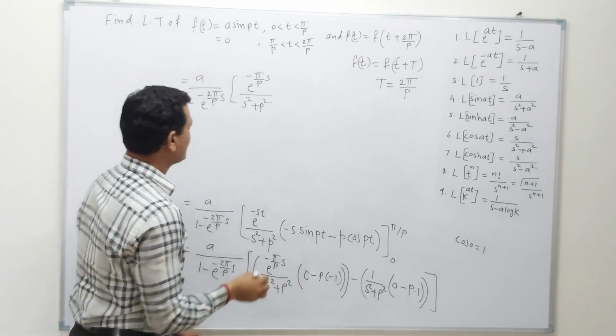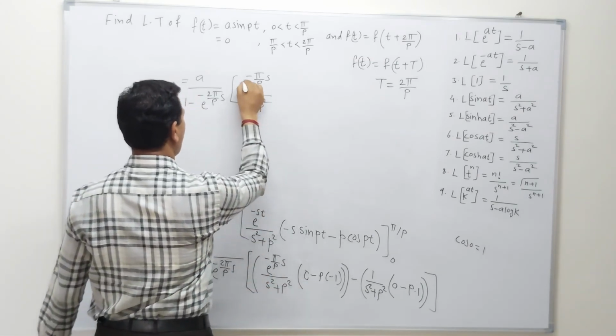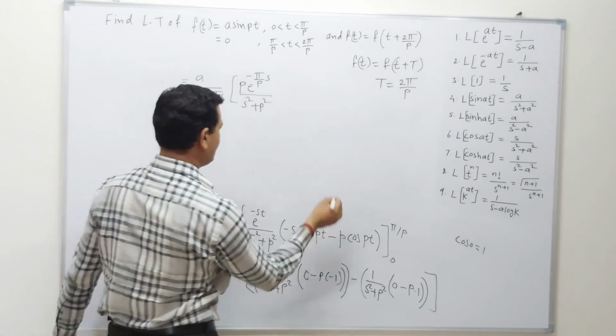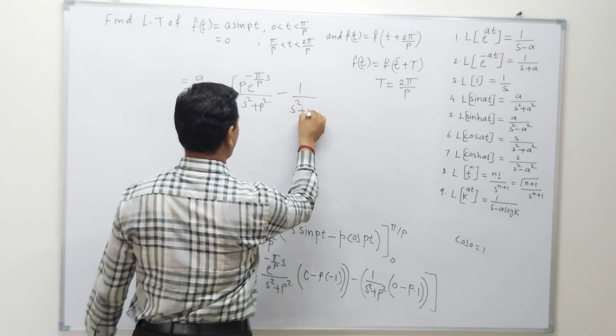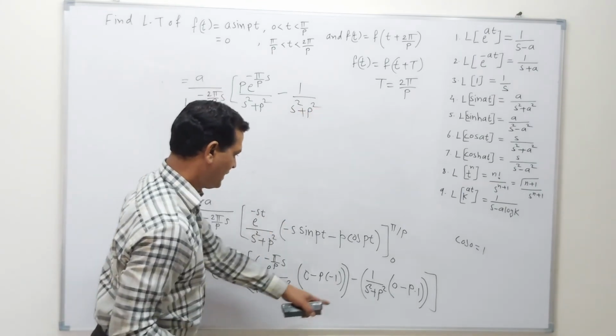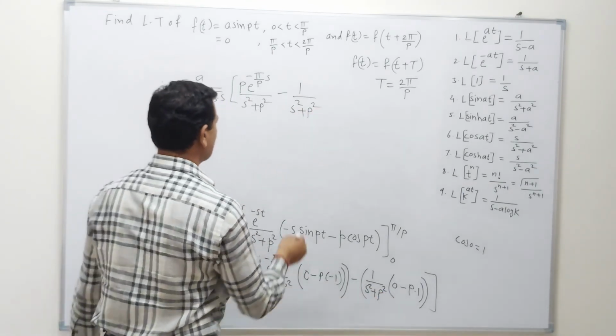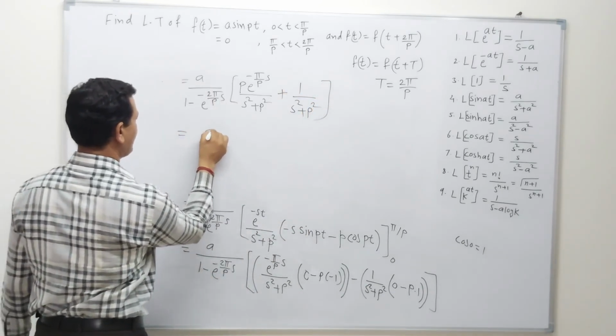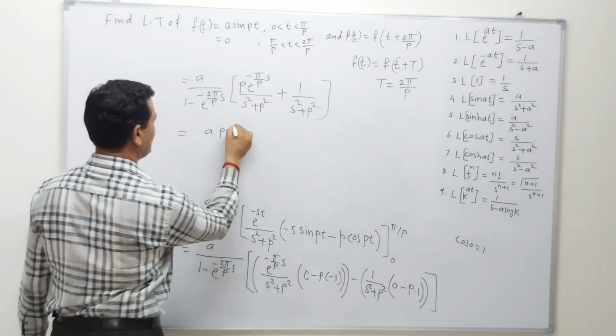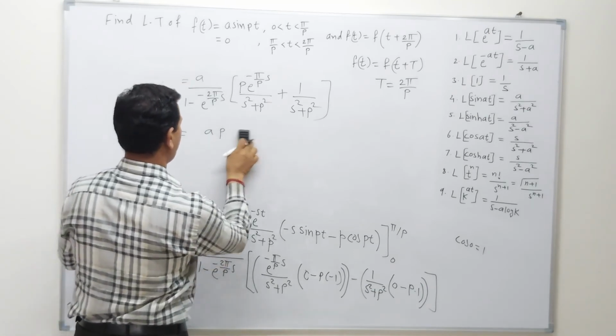Then minus minus becomes plus, so we get p, then 1 upon s square plus p square. Again minus and minus become plus, so we can write this as ap e raised to ap.